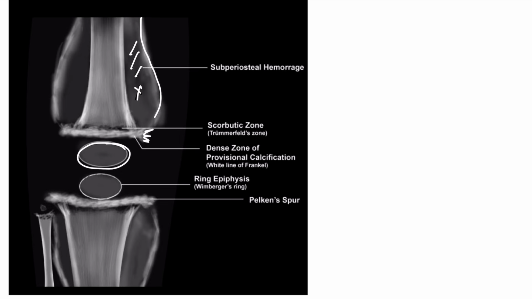At the edges of this white line of Frankel is this Pelkan spur. Just below this white line of Frankel, I see an area which is black. This area is known as Trummerfeld zone or scorbutic zone. This is the typical X-ray that you see in vitamin C deficiency, scurvy. Right, so you should know identification of the x-rays of scurvy as well as rickets.